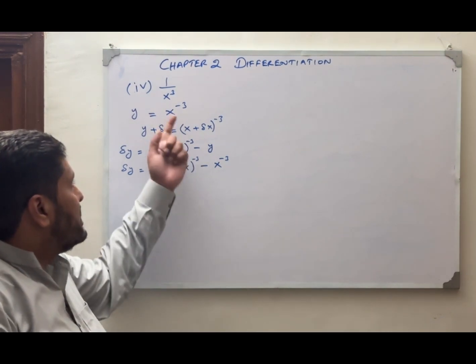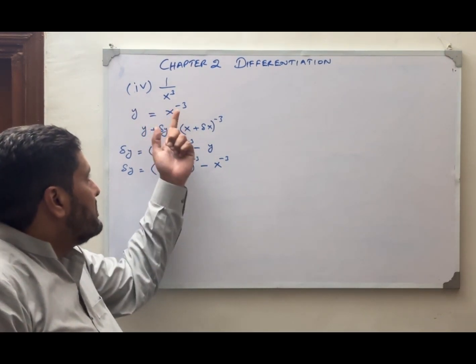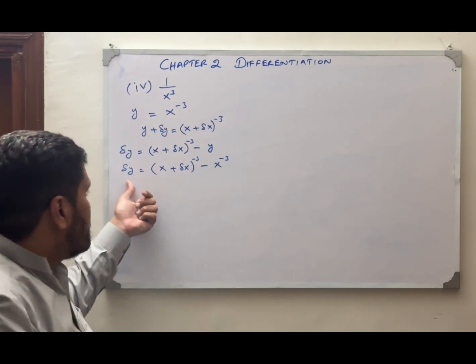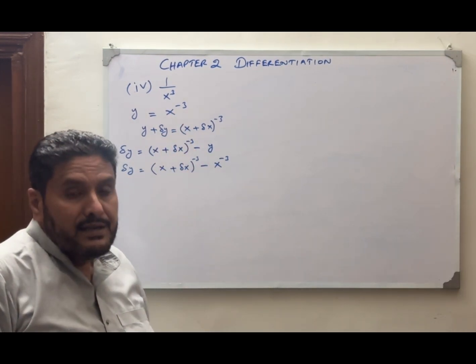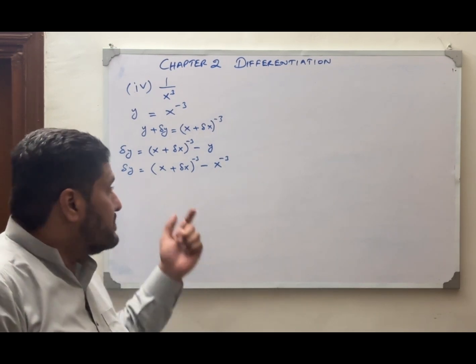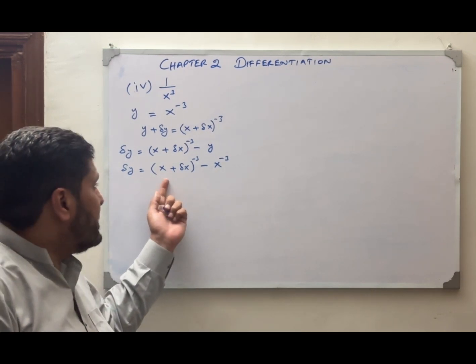So we insert the value of y is equal to x power minus 3 in place of y. So the first step is completed, the second step is completed. Now we have to simplify this again.